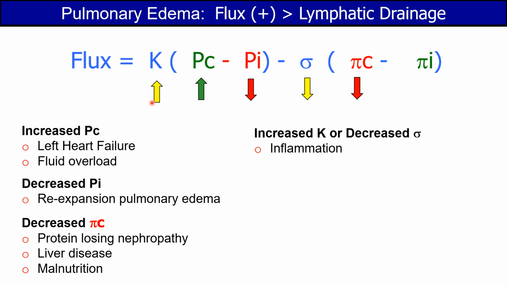There may be increased K or a decreased sigma, which is usually secondary to inflammation. This will cause a positive flux, which may overwhelm the lymphatic drainage.